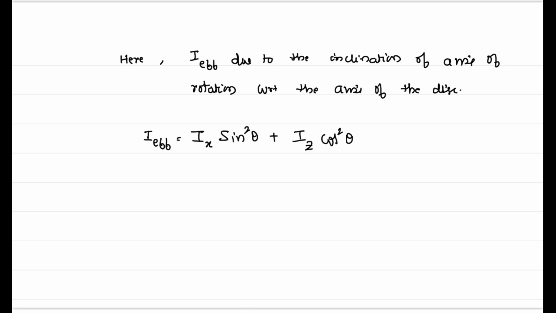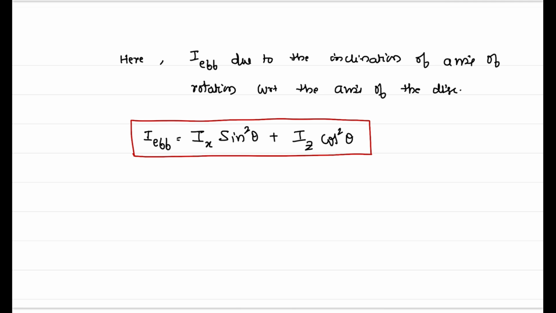Please remember this formula. It is applicable for all thetas. For example, if the angle of inclination is 0, then both the axis of rotation and the disk axis are coinciding with each other.